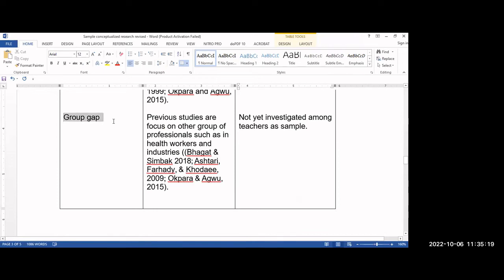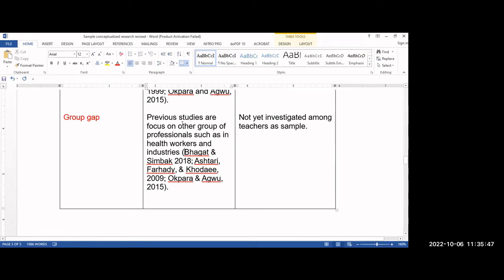Okay. So meaning when talk about group gap, these are what particular group that are being studied previously. Previous studies are focused on other group of professionals such as in health workers and industries. Okay? So meaning, ang previous study, when you talk about psychological well-being, are focused on other professionals.